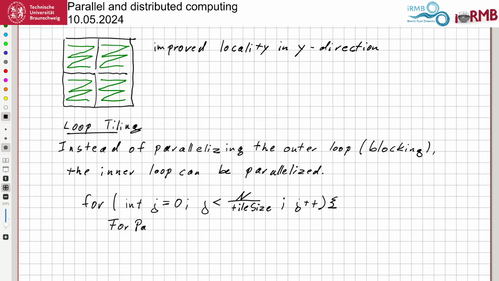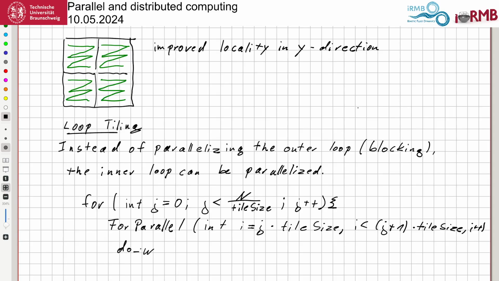So we do a parallel for: int i equals j times the tile size, and i must be smaller than (j plus 1) times the tile size, and we count up i plus plus, and we do our work.